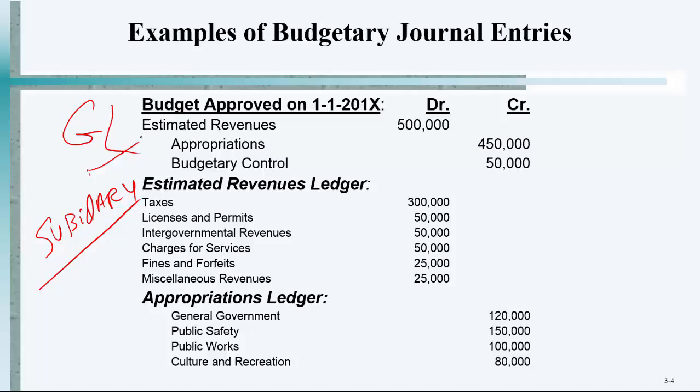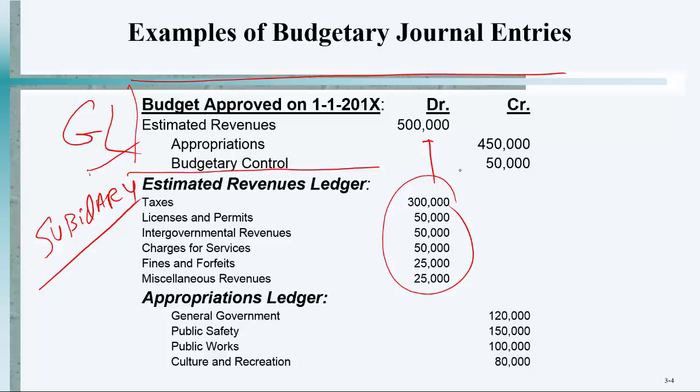So what happens? These amounts will roll up into that, right? I don't think I need to explain subsidiary versus GL to you, right? In this class, I am only interested in the GL level. I'm just showing you this here so that you understand that there is a subsidiary ledger working underneath the GL. But we really talk at the general ledger level here in this class.